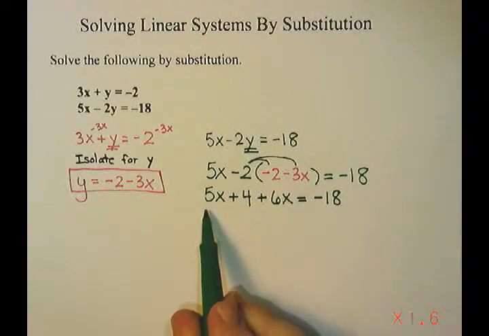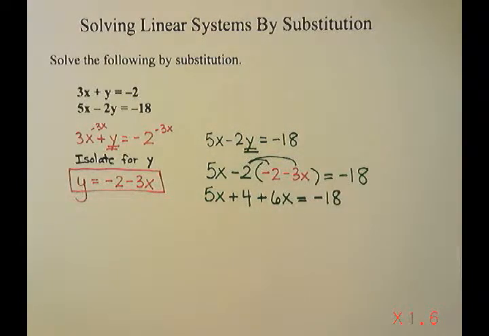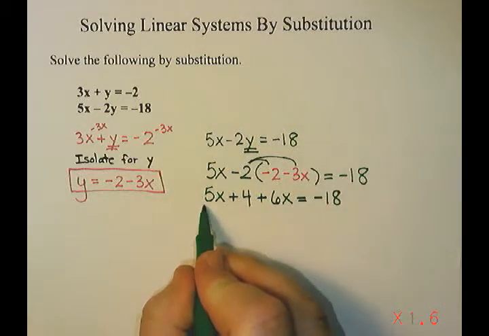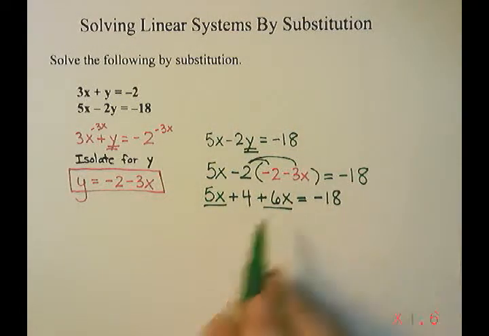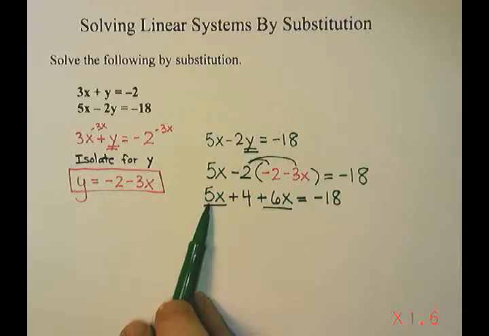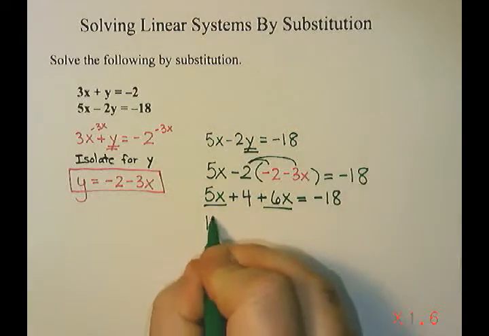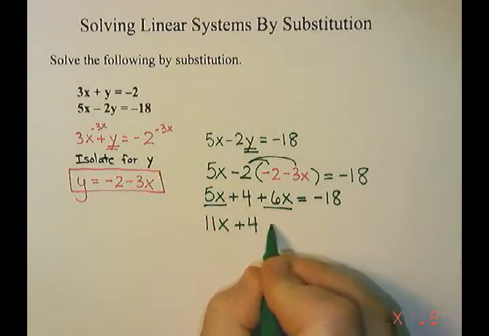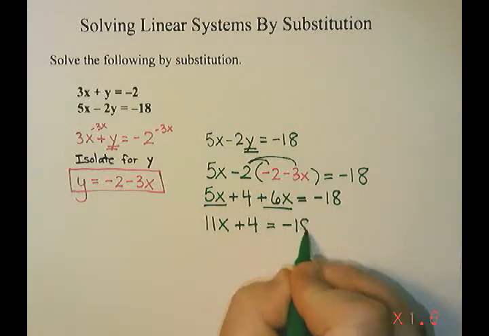So I'm going to look at the terms on the left side of my equal sign and see if I have any like terms that I can add together. I notice that I have two terms with x's. I have 5x plus 6x. So 5x plus 6x is 11x. And then I still have that +4, and it equals -18.